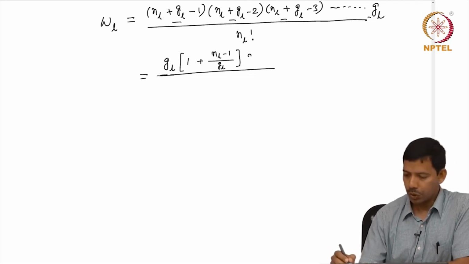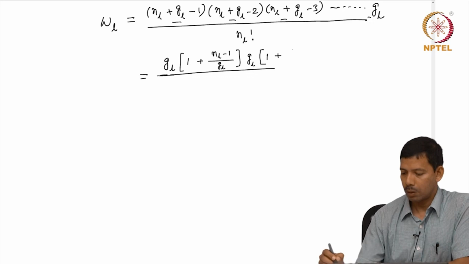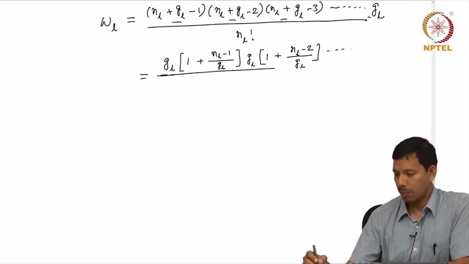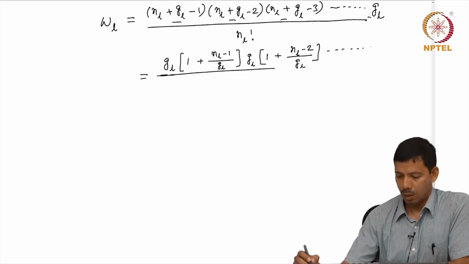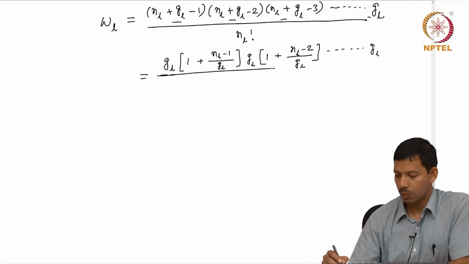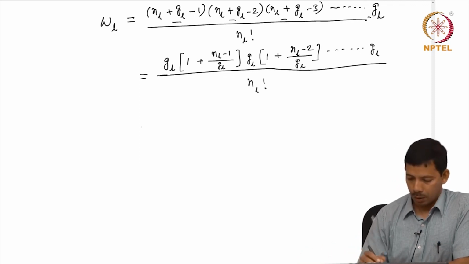Then we can have a GL here, and we can have 1 plus (NL minus 2) by GL. Similarly for the third term, and then I get GL, NL factorial.